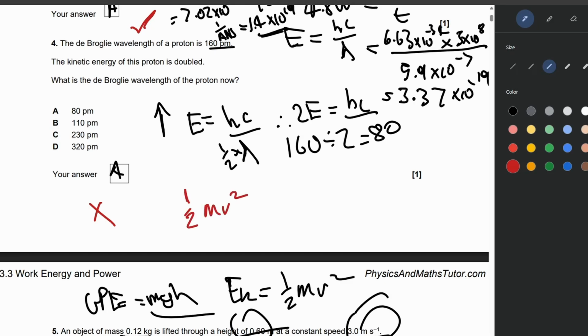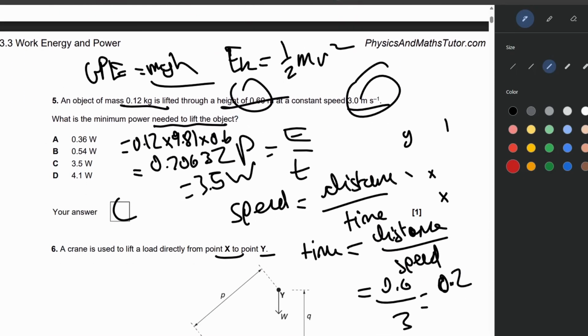Half mv squared. If you're doubling the velocity, that means 2v squared. Well, 2 squared is 4. That means it's 4v. Yeah, I don't know. Well, I got that one wrong. 5. C. Okay.